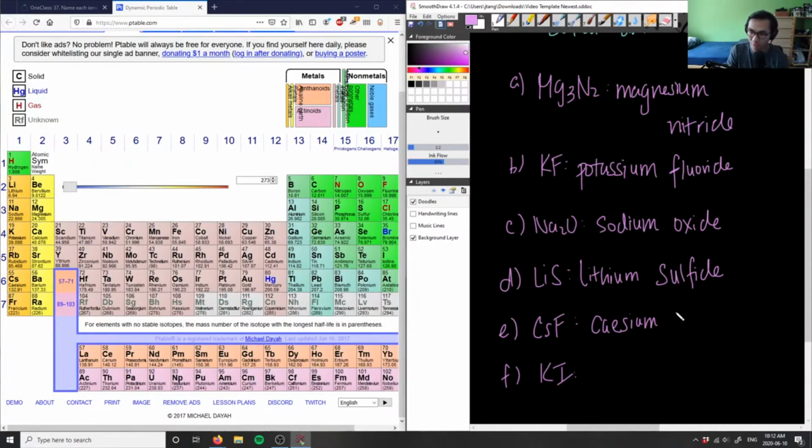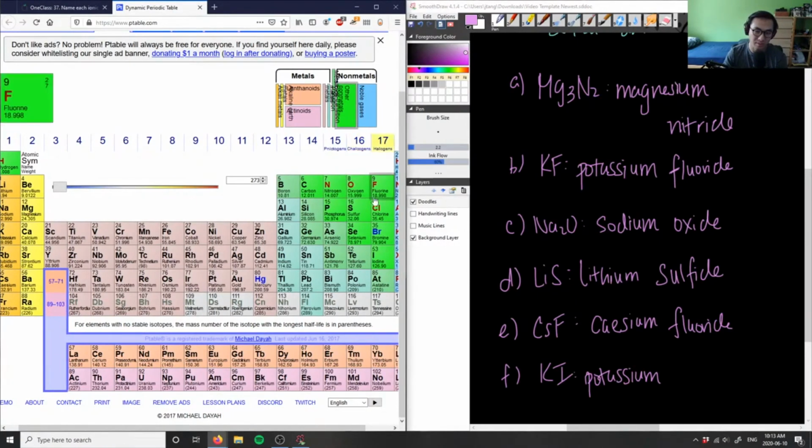So this is cesium fluoride. Then for KI, K we know as potassium, and the I, in group 17, is iodine. We drop the ending to make iodide. So it's potassium iodide. These are our solutions for question 1.